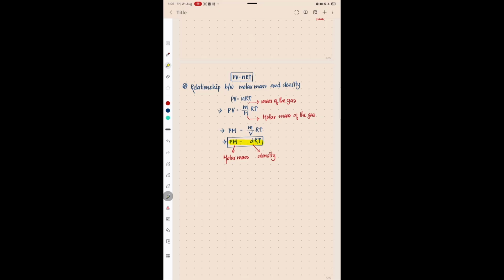Now, when I was studying, I made a trick to remember this. You can remember it as dirty PM. Dirty PM. So PM is equal to dRT, right?